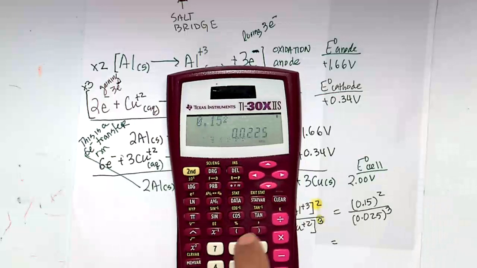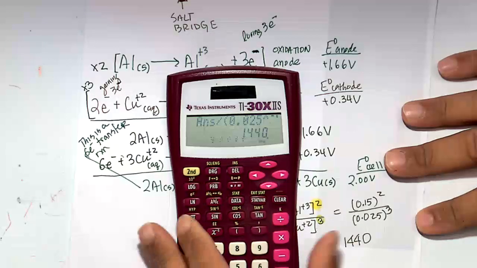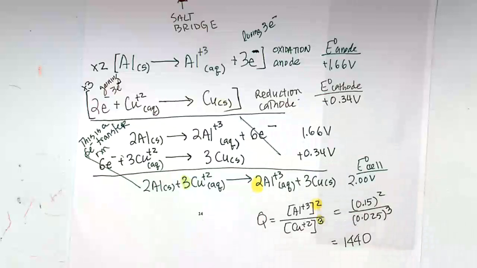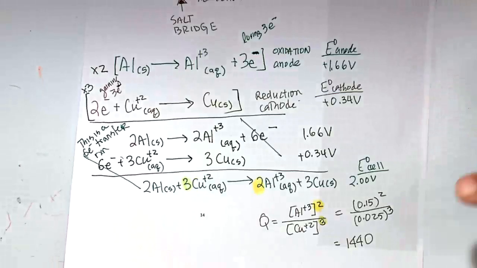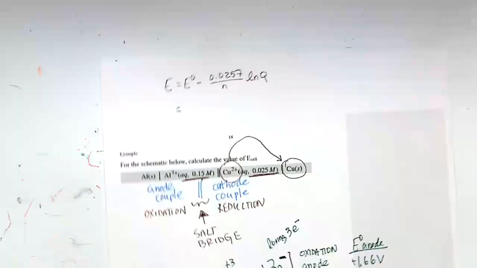Close the parentheses, 1440. Okay, so Q is 1440. Remember, no liquids, no solids in that Q. Products over reactants.